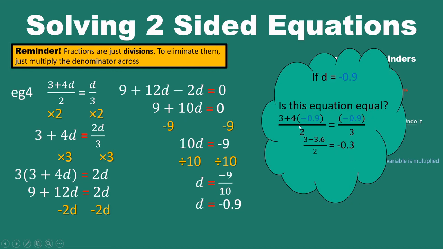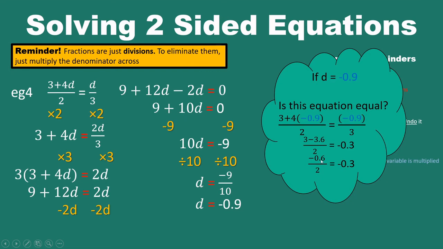Let's just keep working through the left-hand side to see, are they equal? 3 minus 3.6 would be negative 0.6. Is negative 0.6 divided by 2 the same thing as negative 0.3? Well, 6 divided by 2 is 3. So 6/10 divided by 2 should be 3/10.